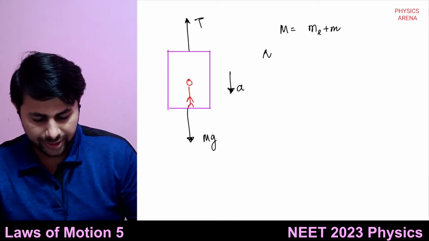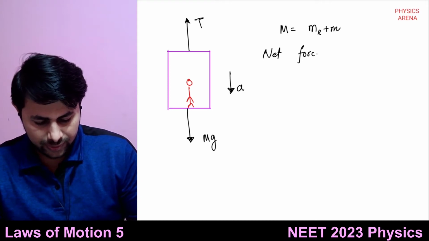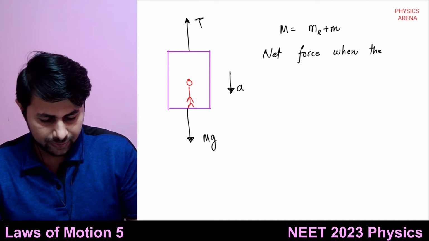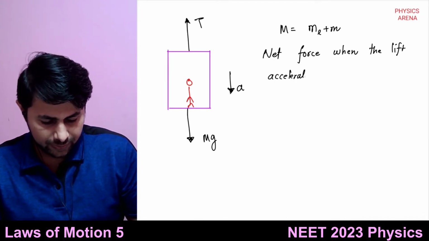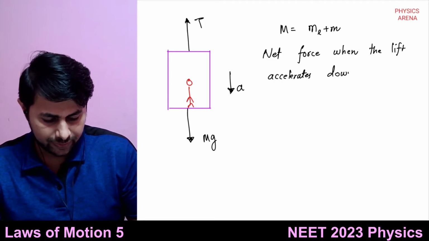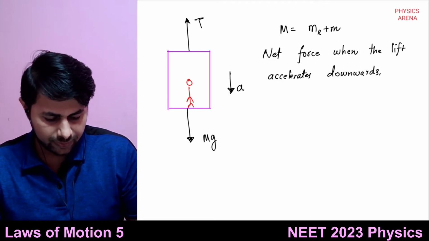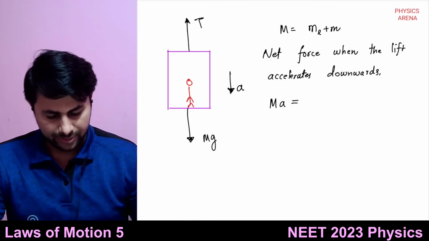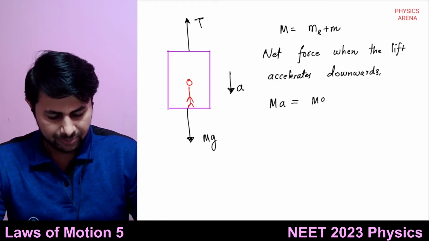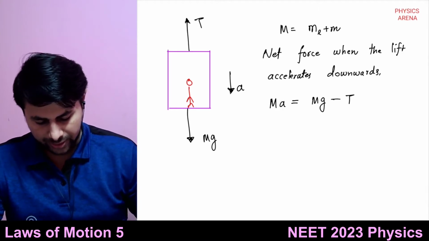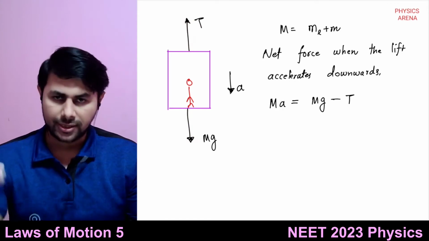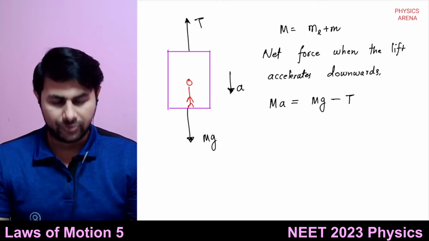So the net force when the lift accelerates downwards is M multiplied by a, and it is mg minus T. That is, the net downward force minus the upward force.